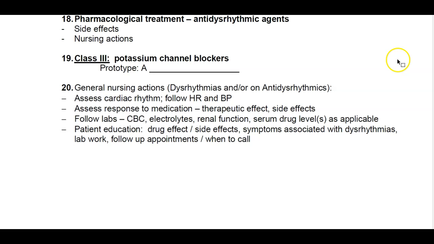We have to talk about the effect of the drug, what they anticipate will happen to them when they take that medication, the things they may be feeling, the possible side effects, the symptoms associated with the dysrhythmia we're treating, and the blood work that they need to have. And again, the importance of following up, keeping up with the doctor's appointments, and taking the medication as ordered.